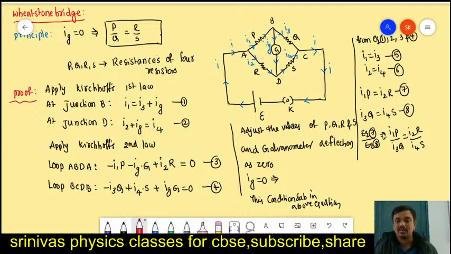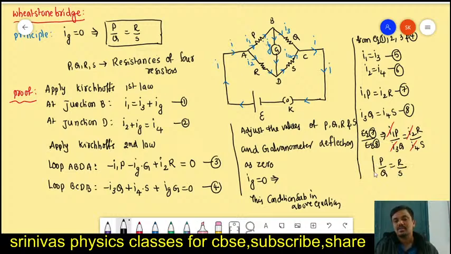They cancel with each other. Then what remains? The final formula that remains is P by Q equal to R by S.